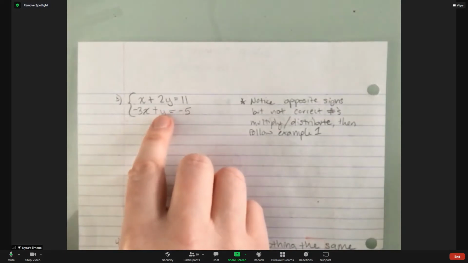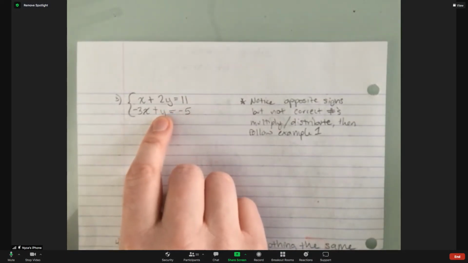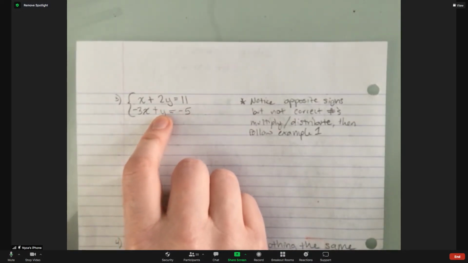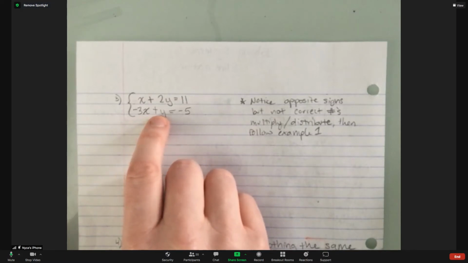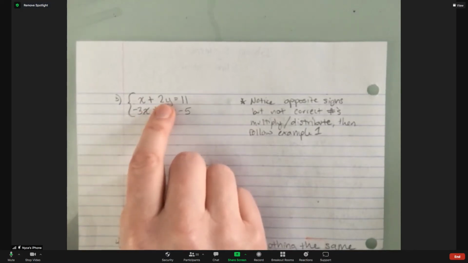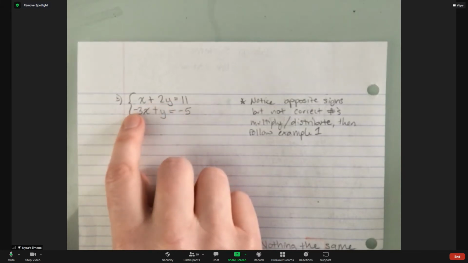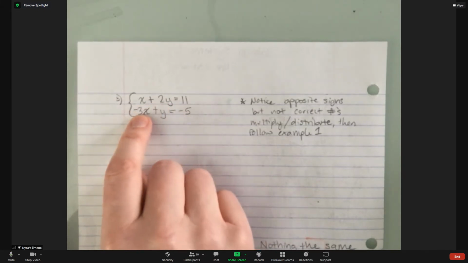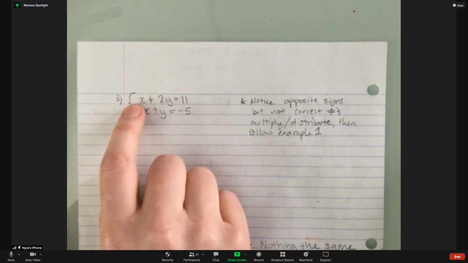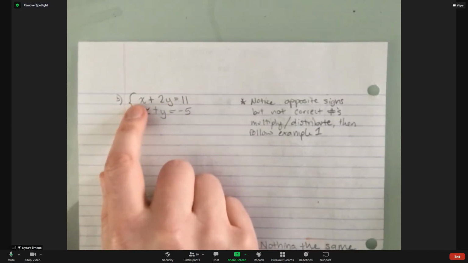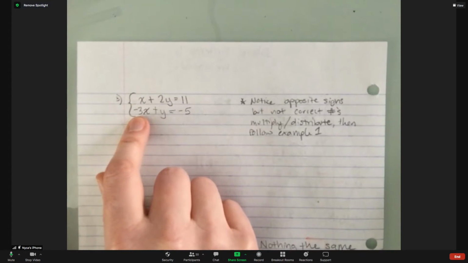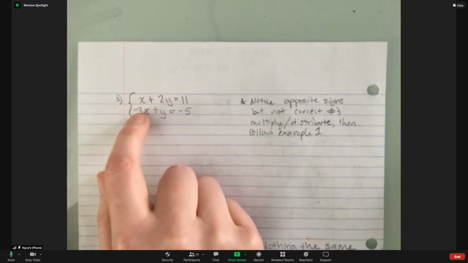So what you can do is you can pick, again, you can work and look at the y's and say, oh, I can times everything here by negative 2 to get that canceled out, or to make it easier, notice this is already a negative 3 here. So if I just multiply everything by positive 3 on this one, then that will make it positive 3 and a negative 3. So again, your objective is to make the values the same number but opposite signs.